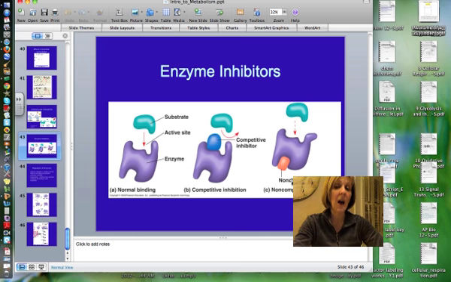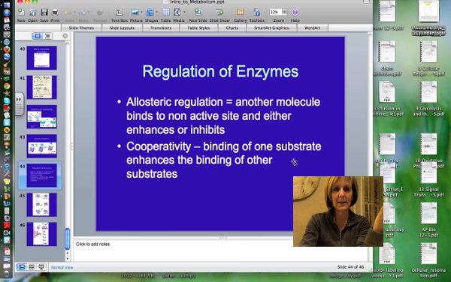And then you have other inhibitors that don't compete for the active site. They have another bonding site on the enzyme that causes a conformational change that changes the shape of the active site so that the substrate cannot fit. You see in both of these examples, though, the enzyme is not going to be able to do its job with the inhibitor in place.